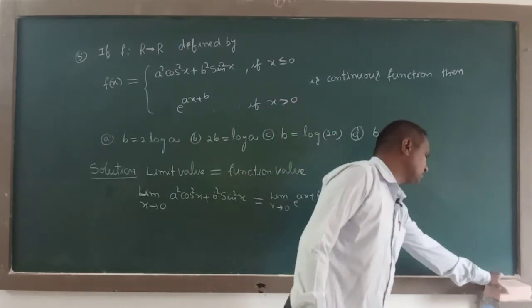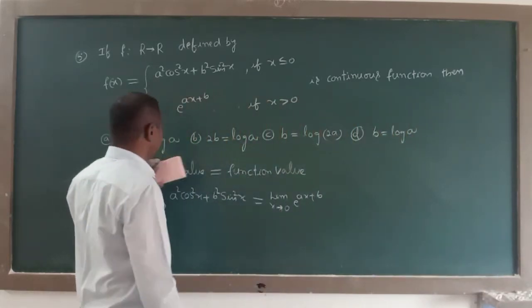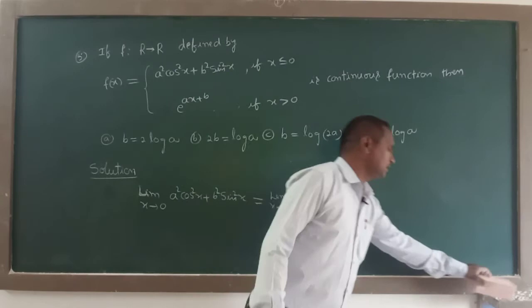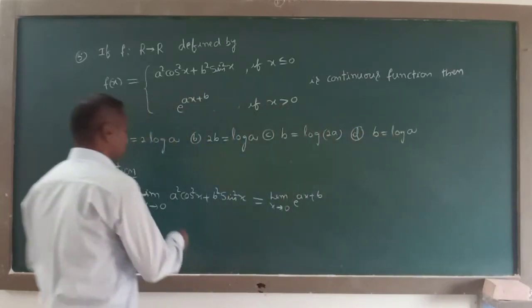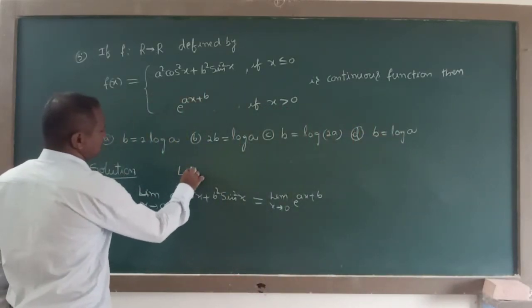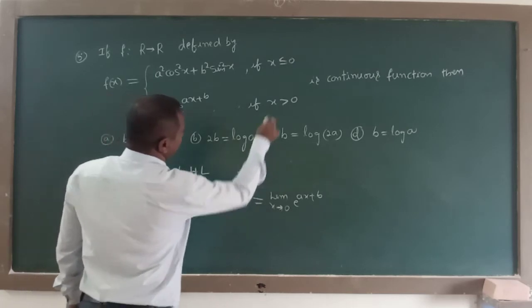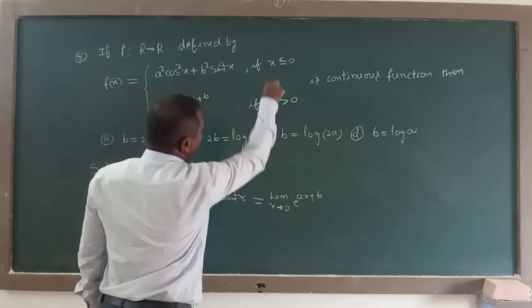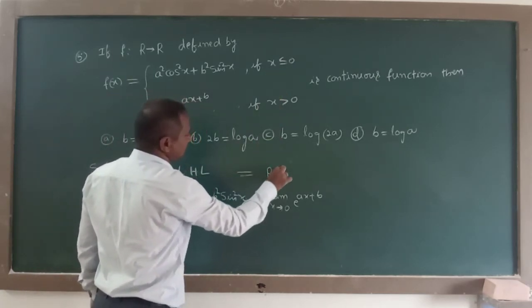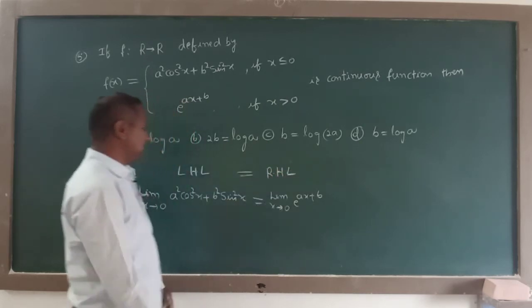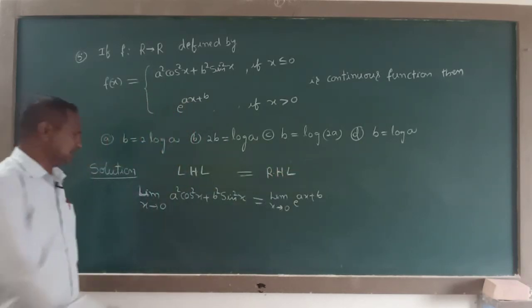Otherwise, you can take LHL equal to RHL, no problem. Here we must take directly LHL equal to RHL, because the question is given with less than and greater than symbols.